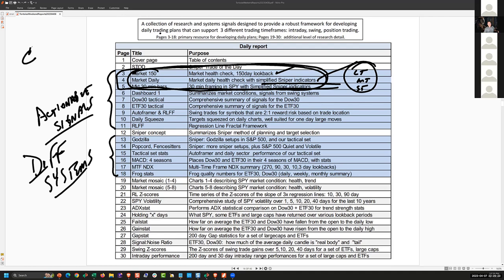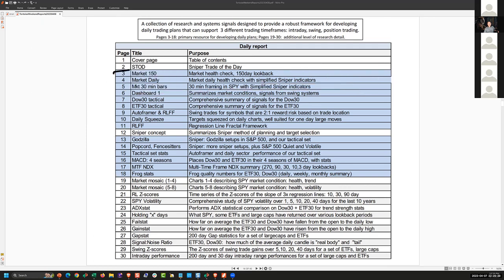Like when I'm thinking about the core, I'm really thinking about 150 days. And when I'm looking at swing, I'm really thinking about the 30 days or the 30-minute, and day trading, the 30-minute and the 10-day look back. So pages 3, 4, and 5 give me that.